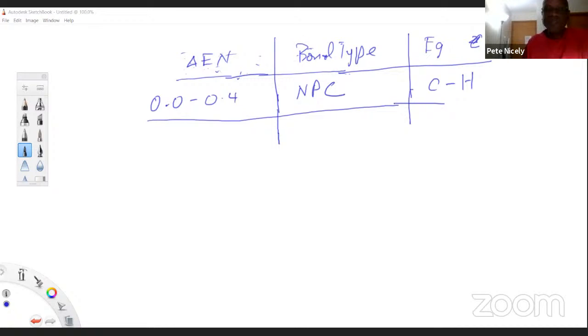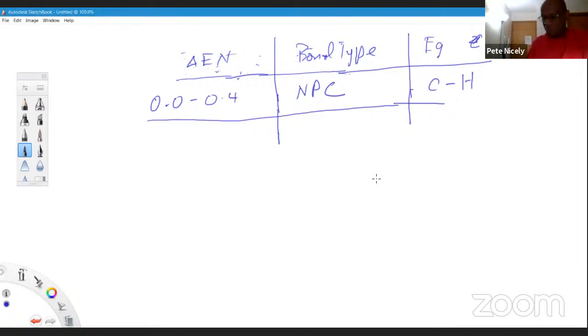So the difference is 0.4. Therefore the carbon to hydrogen bond is basically nonpolar covalent.